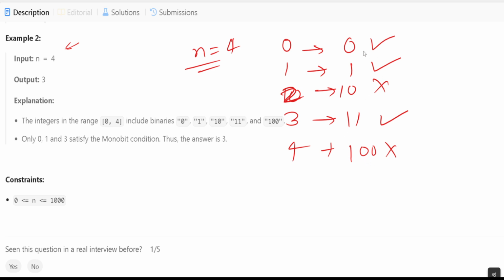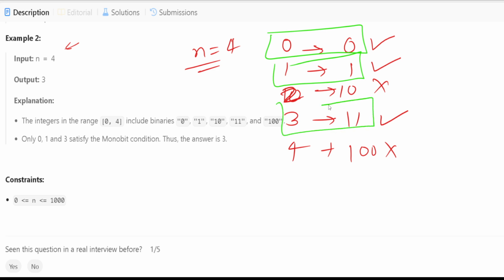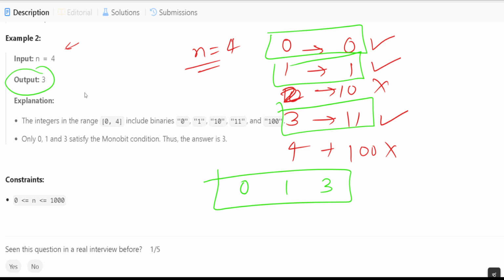So these are the valid ones, and these are the valid monobit numbers, which are 0, 1 and 3. So there are a total of 3 numbers, and so we can say the output is matching, right?